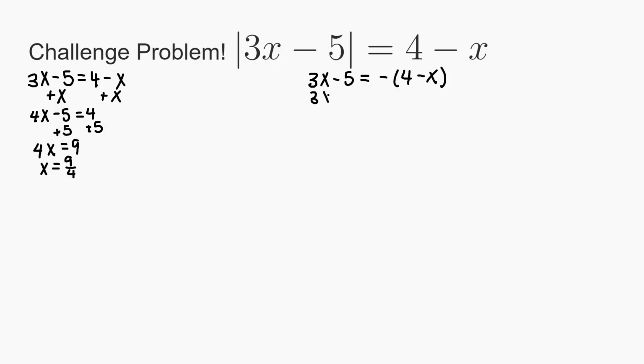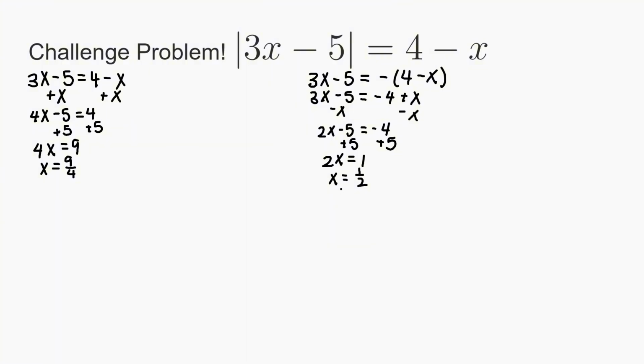We have 3x minus 5 equals negative 4 plus x. Now, subtract x from both sides. Get 2x minus 5 equals negative 4. Let's add 5 on both sides. We get 2x equals 1. So x equals 1/2. So our answers are x equals 9/4 and x equals 1/2.